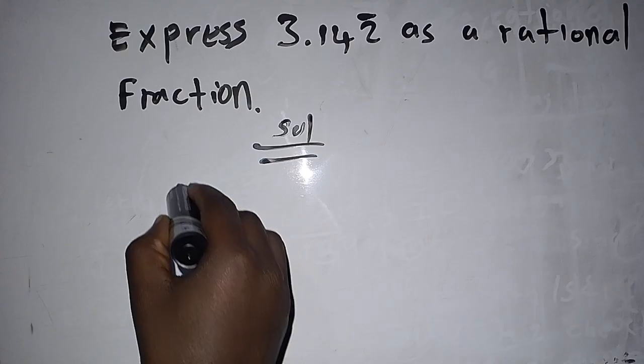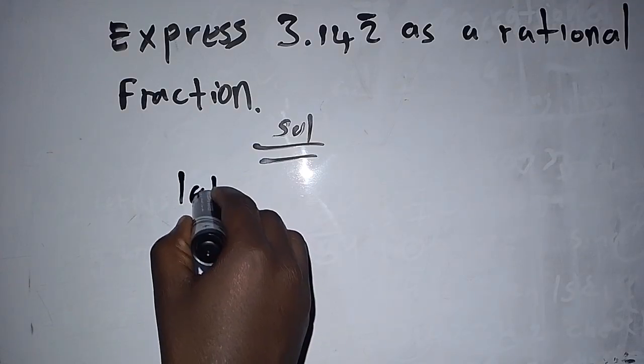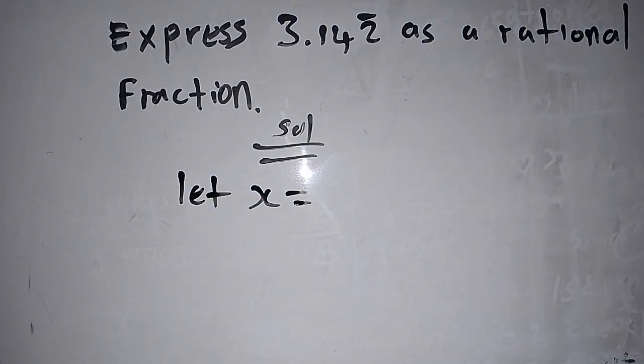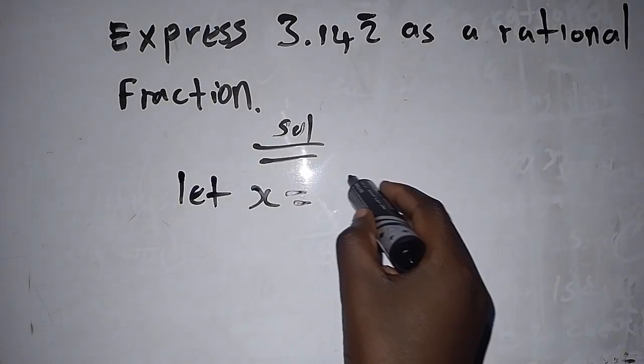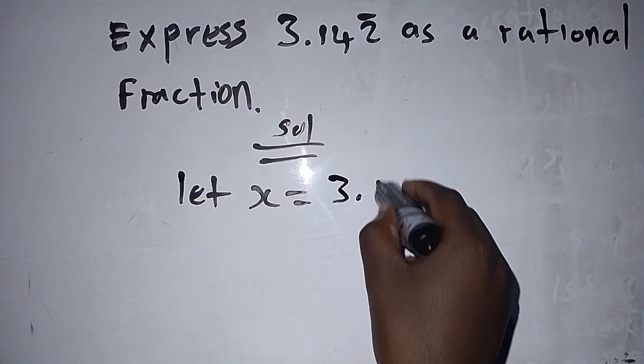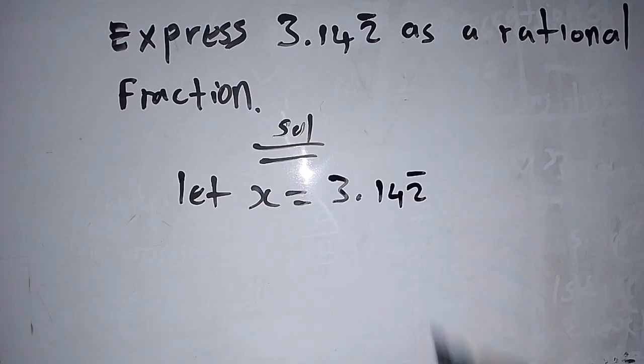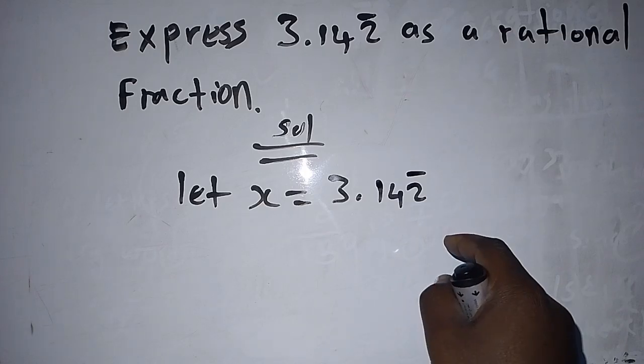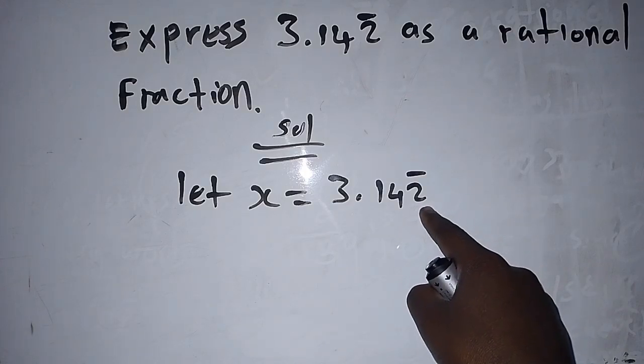The first thing I'm going to say is we let x, you can let a be any variable. The variable of my choice is x, so we let x be 3.142 bar. If we let x be 3.142 bar, we can observe that 2 is repeating.